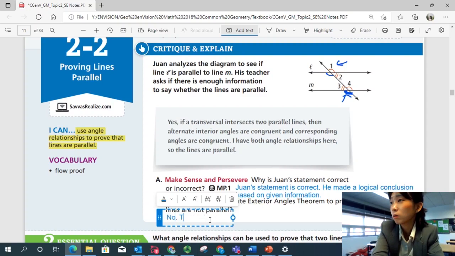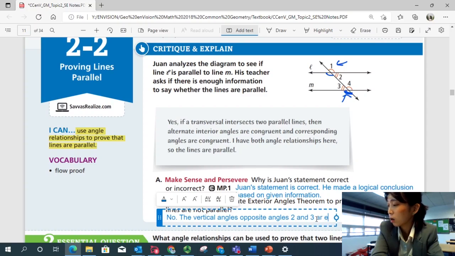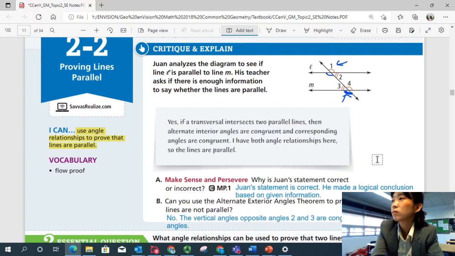So no. The vertical angles opposite angles 2 and 3 are congruent alternate exterior angles. Okay?